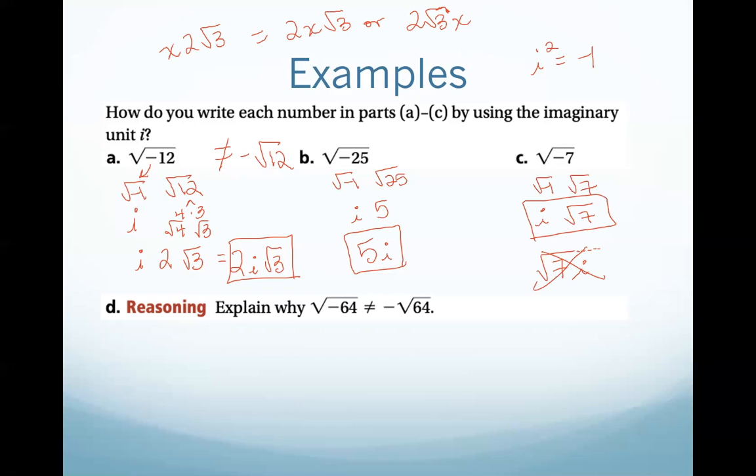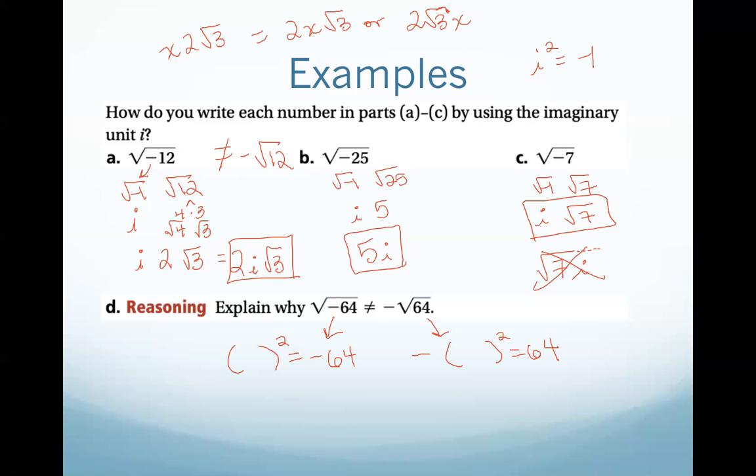Okay, and then in part D, why is the square root of negative 64 different than negative square root of 64? Well, think about what question this is asking. This is saying some number times itself equals negative 64, whereas this one says negative of something times itself is 64.